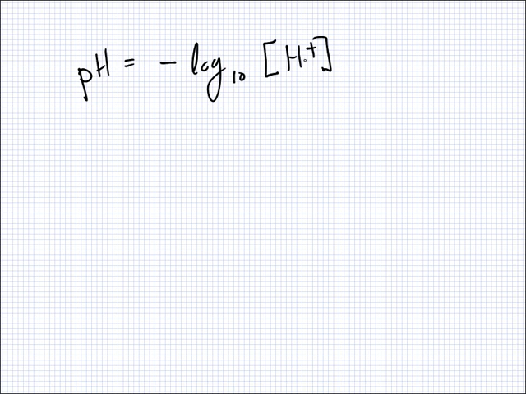The formula for calculating pH is minus log base 10 of the concentration of H plus, the concentration of positive hydrogen.